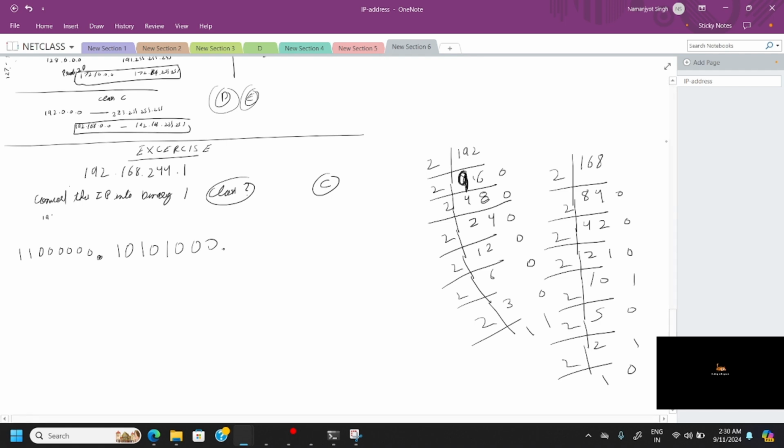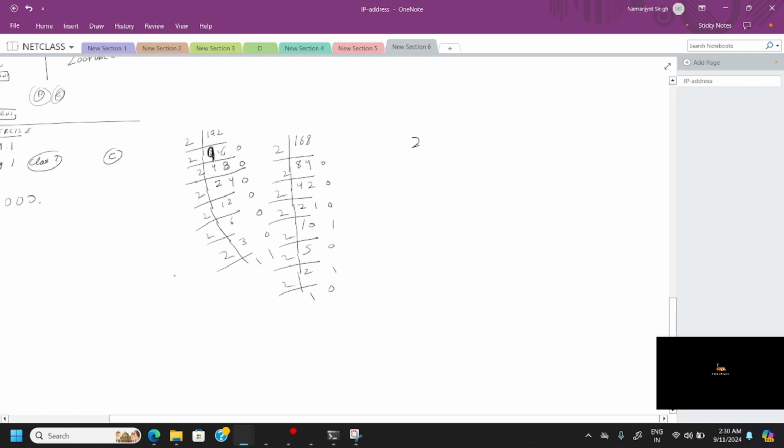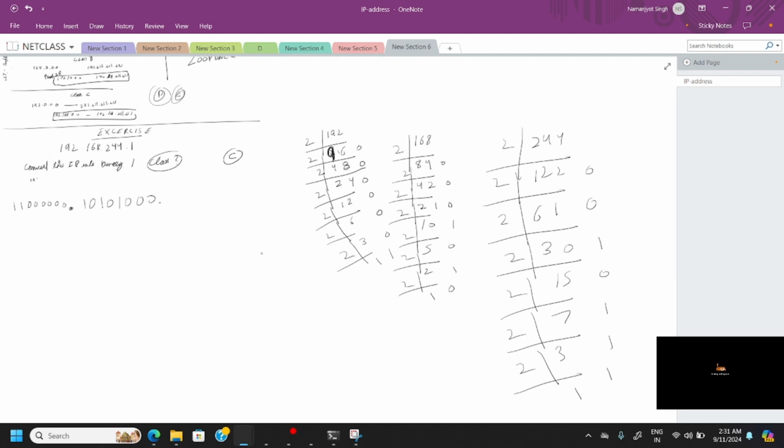Now 244. 2 6s are 12, 2 3s are 6, 2 15s are 30, 2 7s are 14, 2 3s are 6, 2 1s are 2. So 244 is 1 1 1 1 0 1 0 0, eight bits.